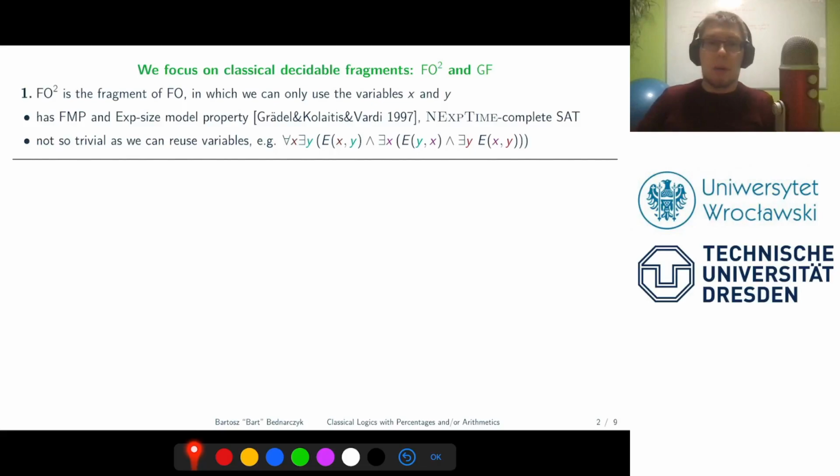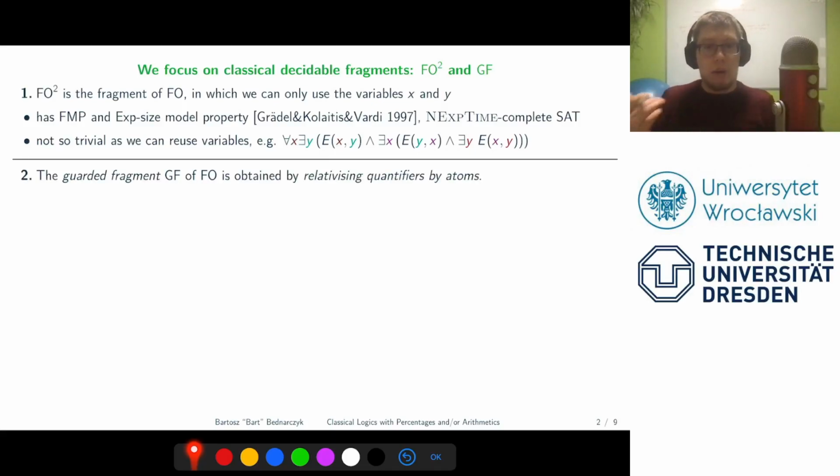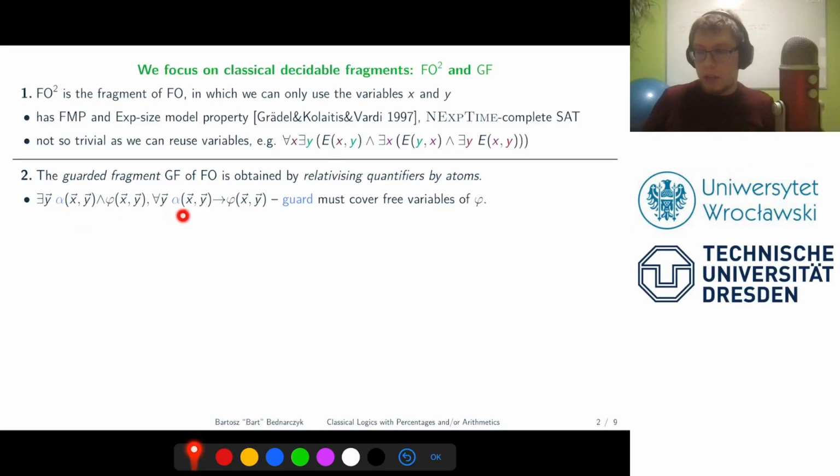Another fragment that we will consider is the guarded fragment, and this is obtained by restricting FO in the sense that we relativize all the quantifiers by atoms. So whenever I would like to quantify over a tuple of elements, I must first guard it by some atom. All the quantification must follow this pattern.